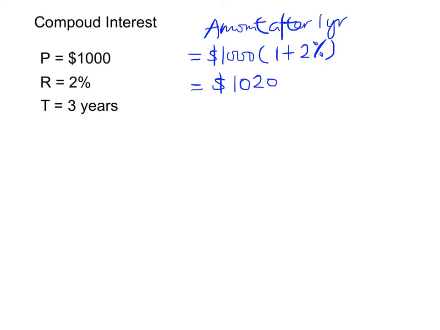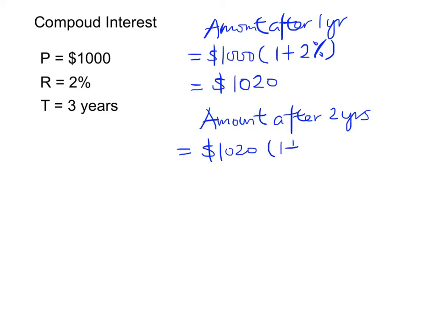Now we can apply the same formula again to find the amount after 2 years. And this will be the principal after 1 year, which is 1,020 times, again, 1 plus 2%. So the answer is $1,040.4.